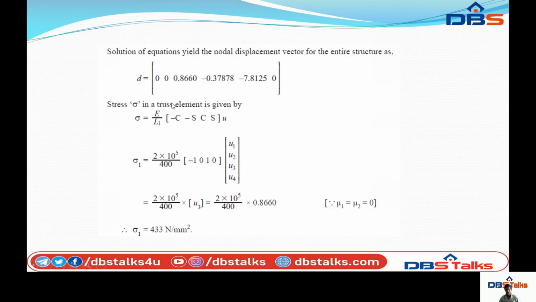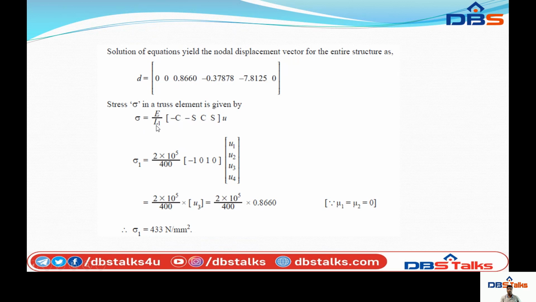Then they also ask to find the stresses for the elements, element 1, element 2 and element 3. We already know that for a truss element, the formula for stress is sigma equals E by L times minus C, minus S, C, S, times U. Here you also have to use L and M, where C is cosine and S is sine.